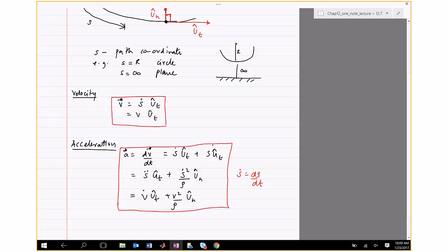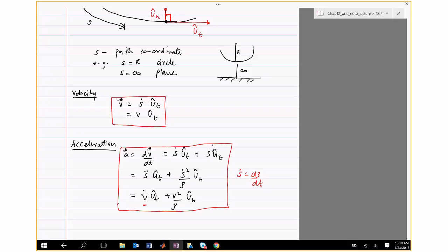So v dot is the rate of change of velocity, the first term. The second one is v squared divided by rho, and that is what we normally call centripetal acceleration. Have you heard of centripetal acceleration? That's the centripetal acceleration.